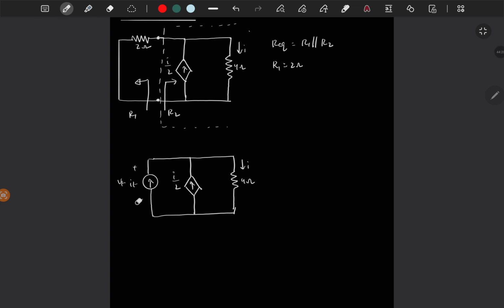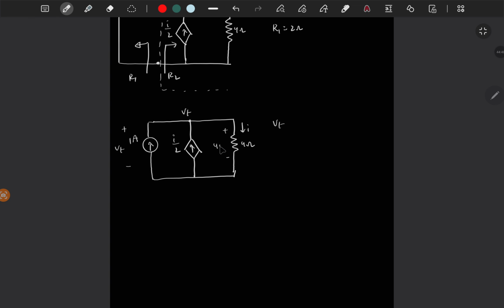So what I am saying is, better you pump 1 amp current source and find the voltage across that current source, which is Vt. Then if you find Vt in this expression, you will directly get the value R2. So this node voltage is Vt.